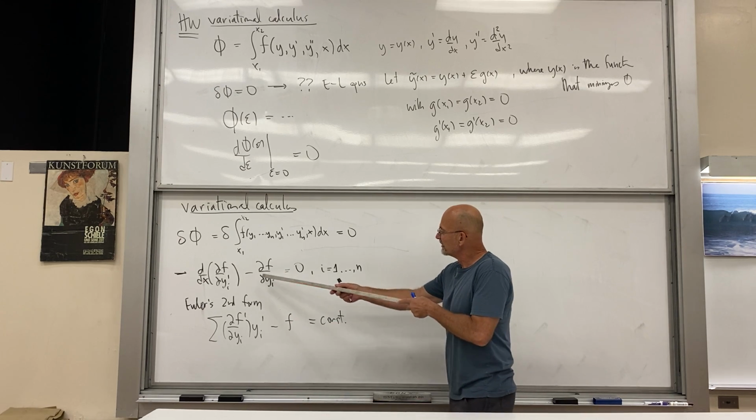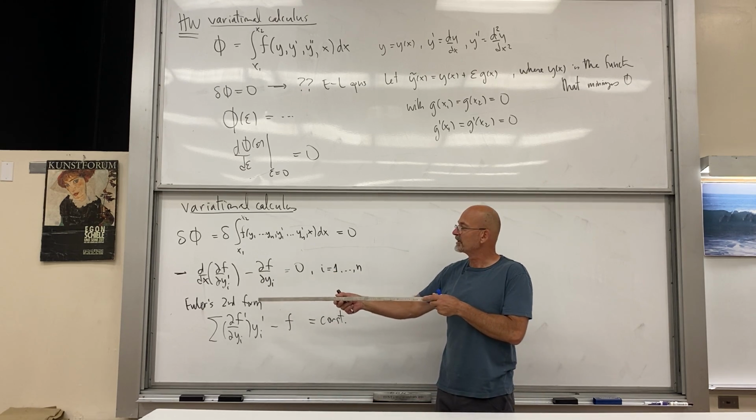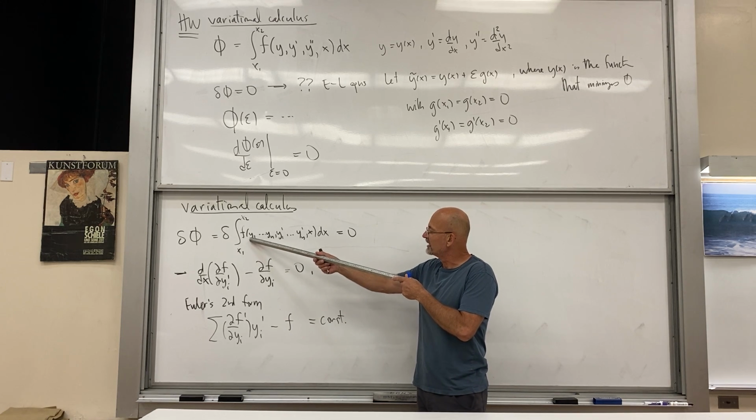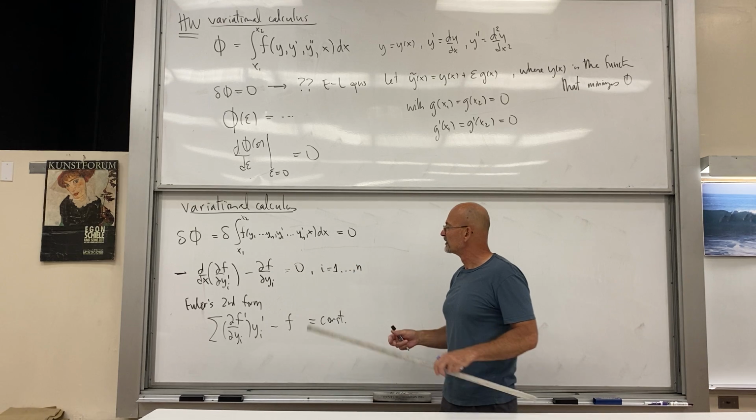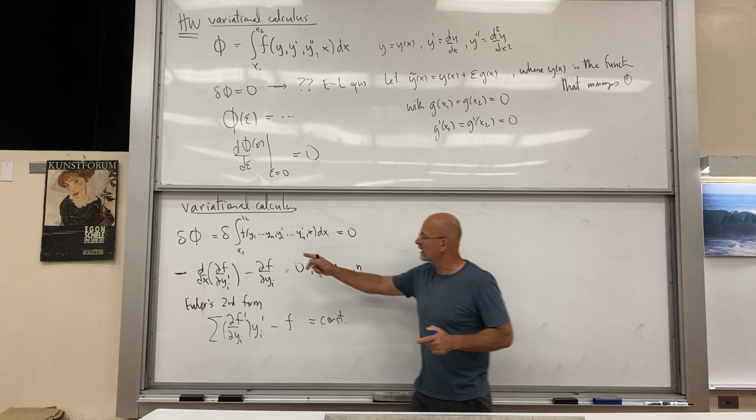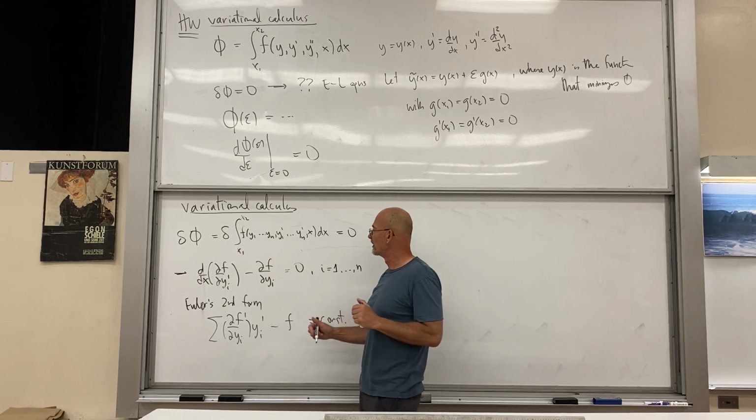This form of the Euler-Lagrange equation simply comes from the fact that we varied y sub 1 to y sub n independently. So if you do the calculation for one variable, you don't even have to do any more.